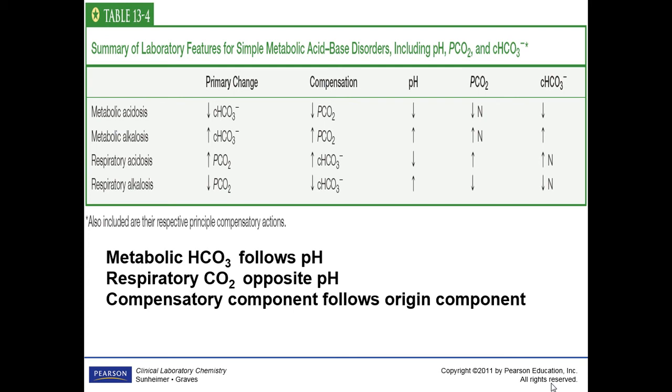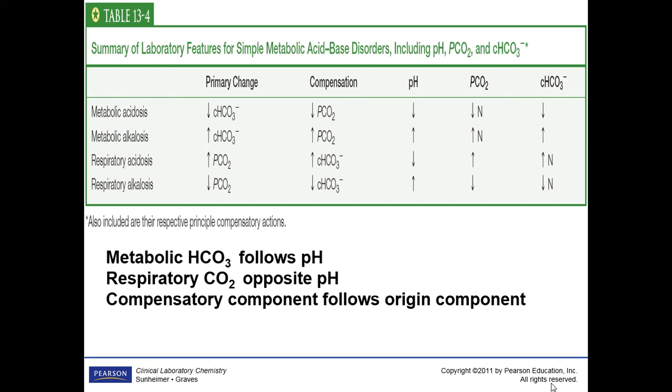The respiratory, if it is the initial cause, it is the opposite of the pH. So if you just had those three readings, and you're going to have to know what is normal, your reference intervals, if you have a high pH and a low CO2, you're going to think it's a respiratory because they're opposites.